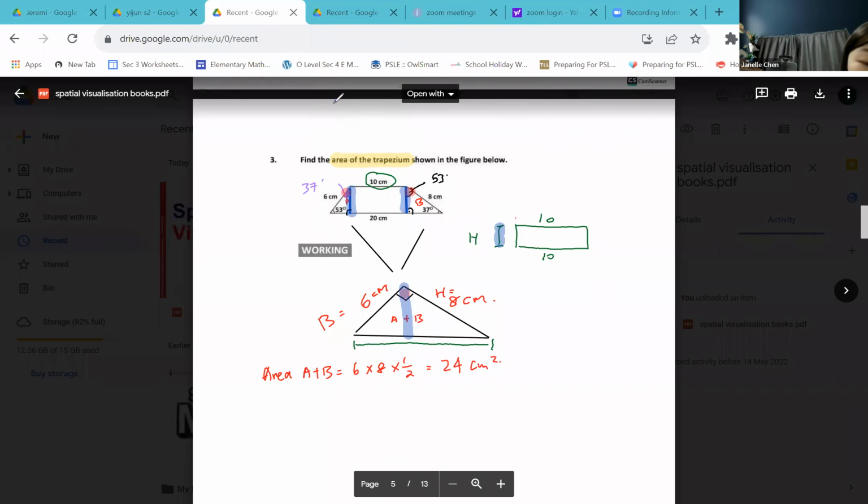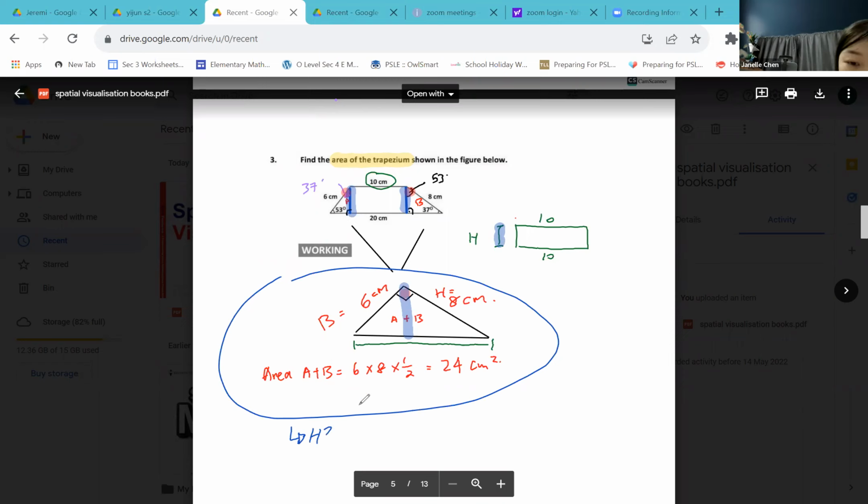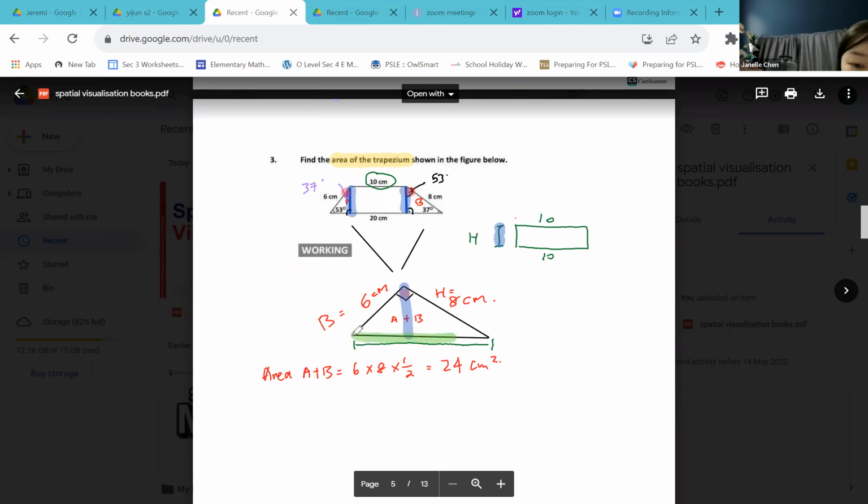So I'm going to use my triangle that I have over here to try to find the height. How am I going to do that? So I need to find height equals how much? But before I try to find my height, let me find the green part here, which is this. If you can actually see, this and this form the green part here.